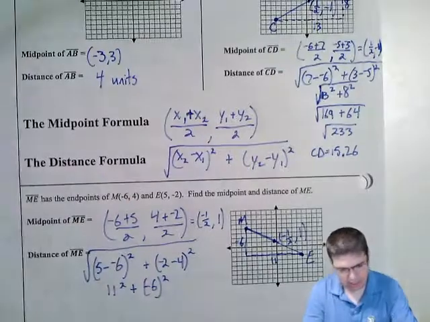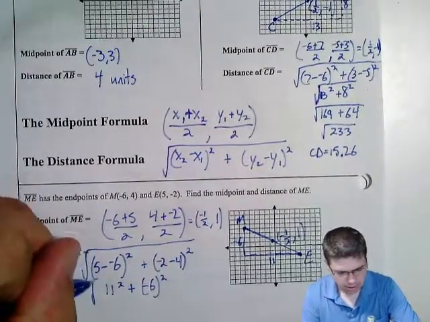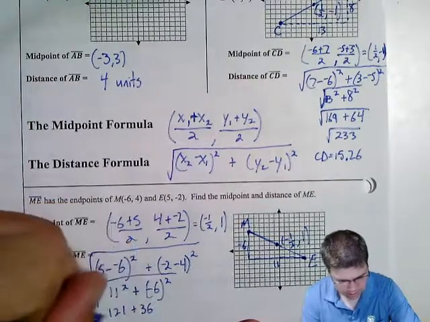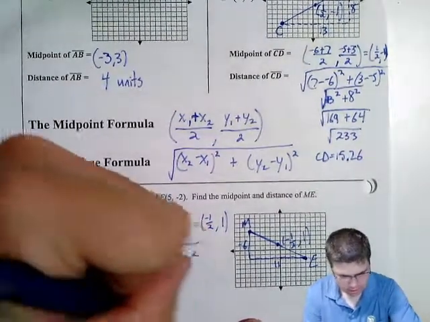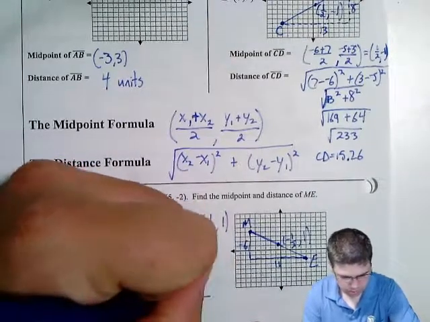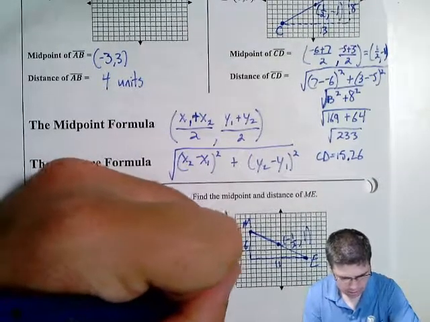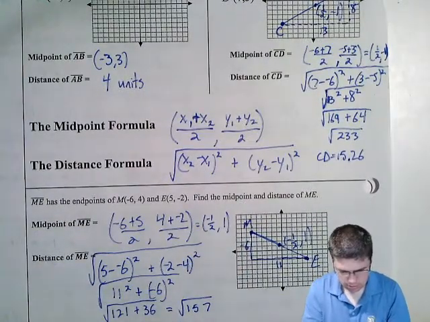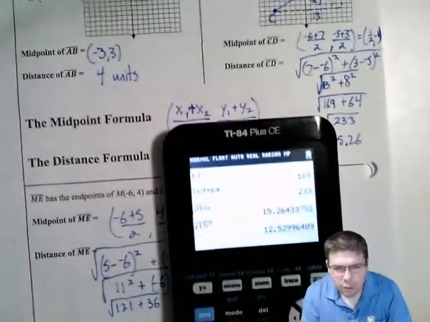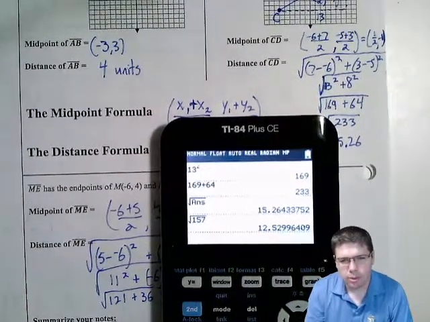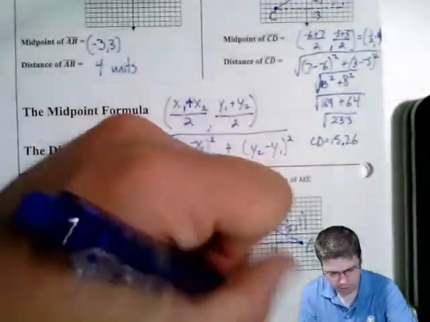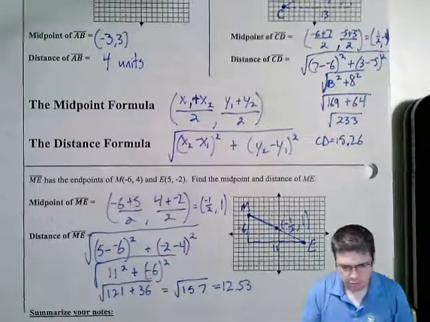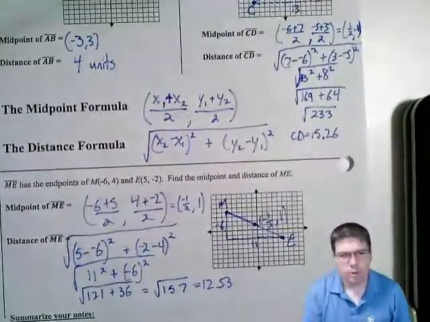Get those parentheses on there if you're going to type that into your calculator. So we have the square root of 121 plus 36, which is the same thing as the square root of 157, which is 12.5. We'll round that to a 3 for a couple decimal places, so 12.53. And units, I guess, if we wanted to give them, for both of those distances there.